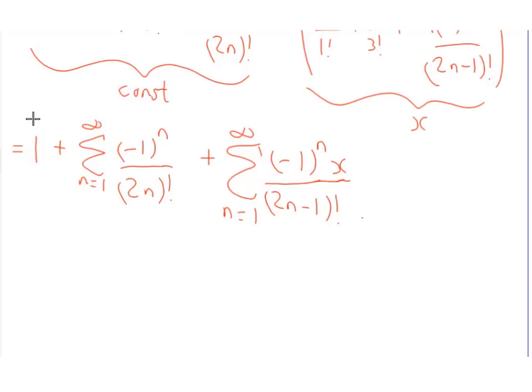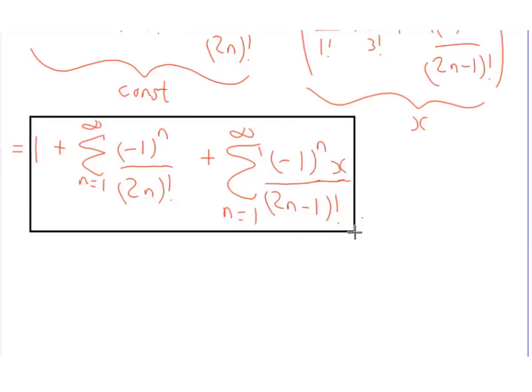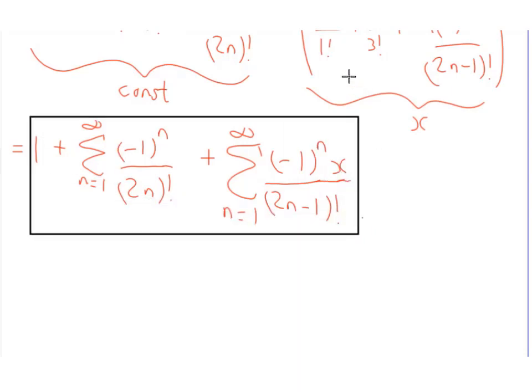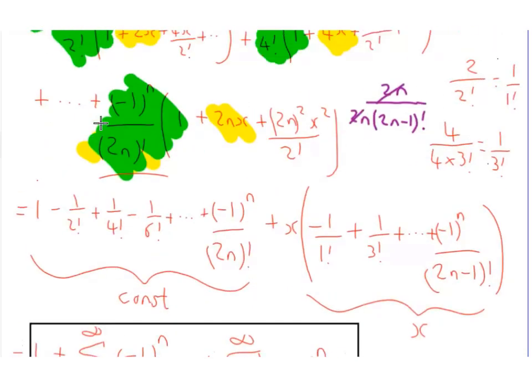Okay, so that's quite an important result, so I'm just going to box that. That is the first two non-zero terms of the Maclaurin series for cosine of e to the x, and that was the end of part B.